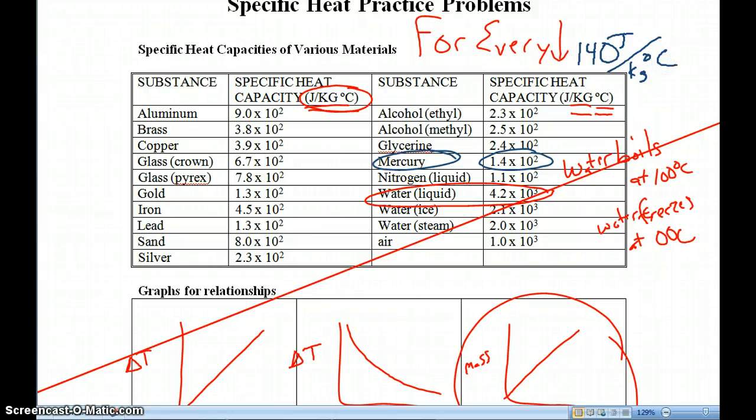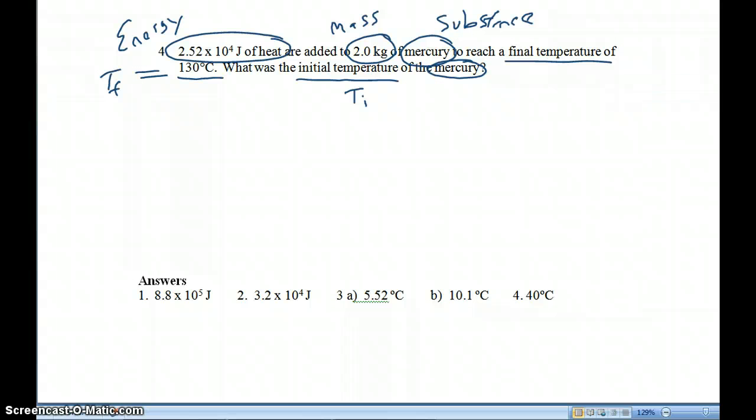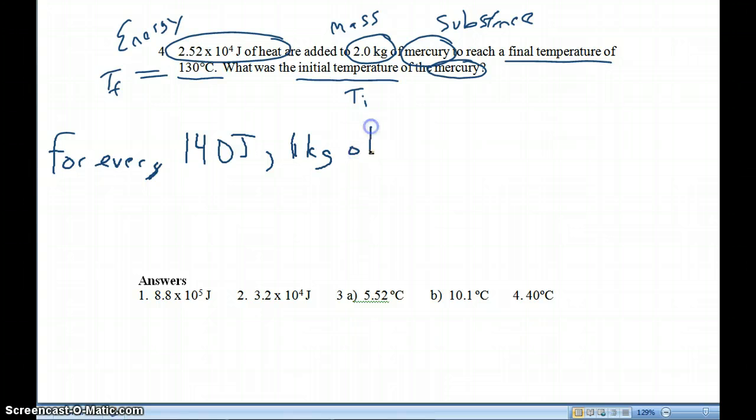So I can go back down over here and say for every 140 joules, 1 kilogram of mercury changes 1 degree Celsius.